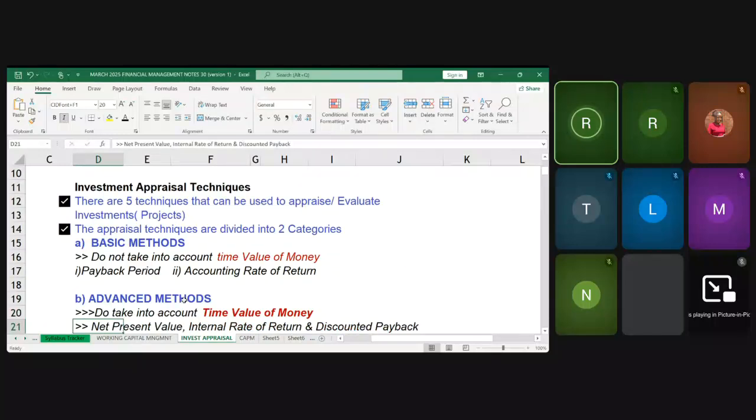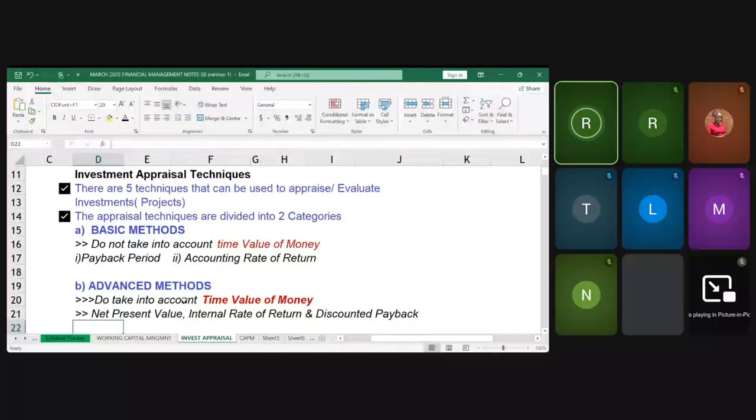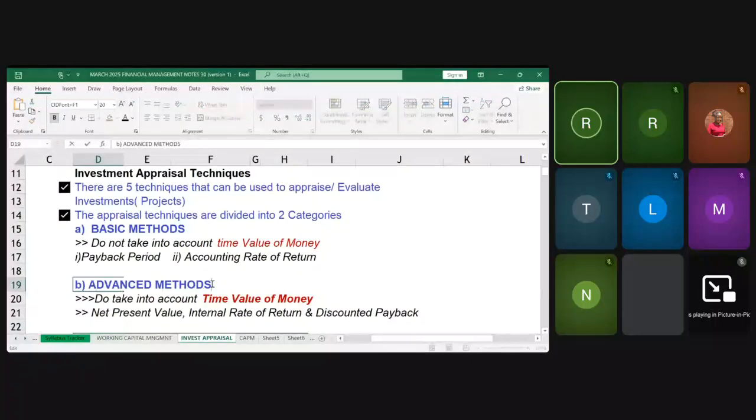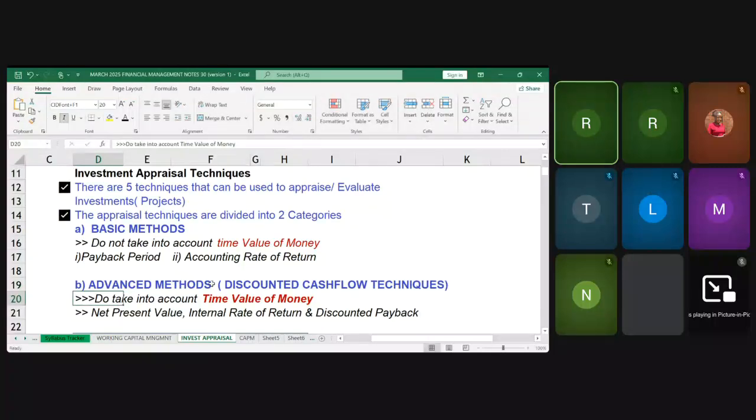And then category number two is advanced methods. These advanced methods are sometimes called the discounted cash flow techniques. So the difference between the basic methods and the advanced methods is that the basic methods do not take into account time value of money, and the advanced methods take into account time value of money.